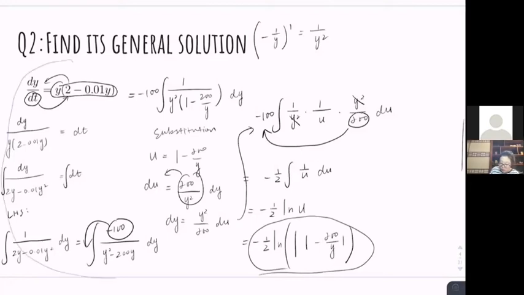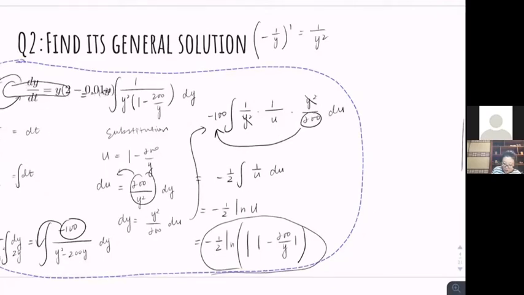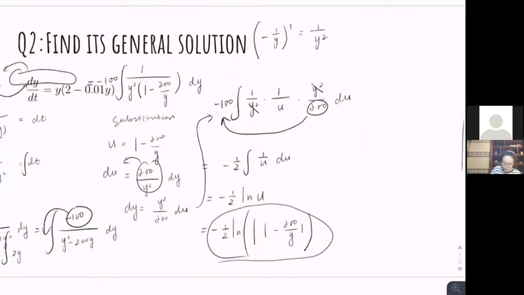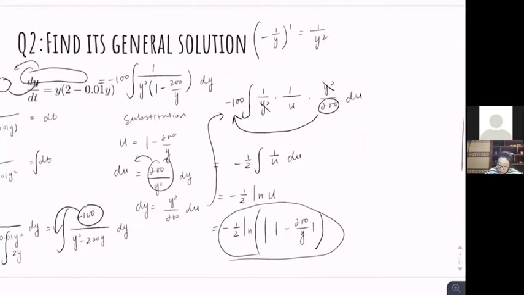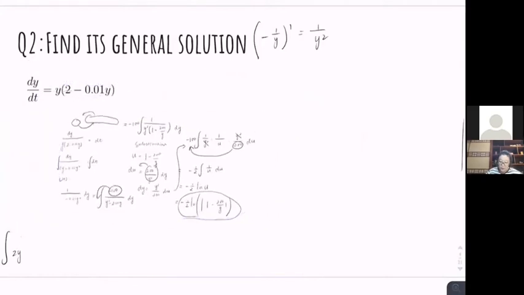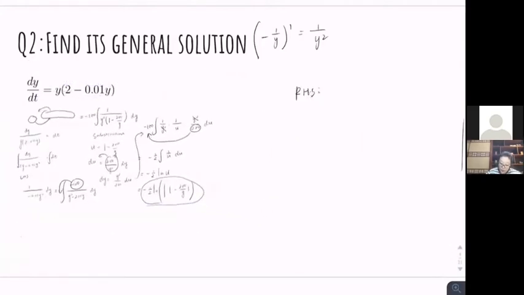So now let's move on to the right-hand side. The right-hand side, we'll get the integral of dt from here. We can say the integral of dt is actually the integral of 1 times dt. We know the integral of 1 is t, so in this case, we will get t plus c.